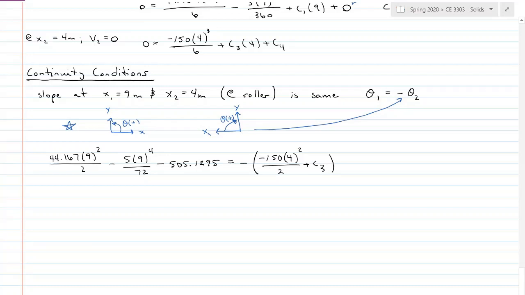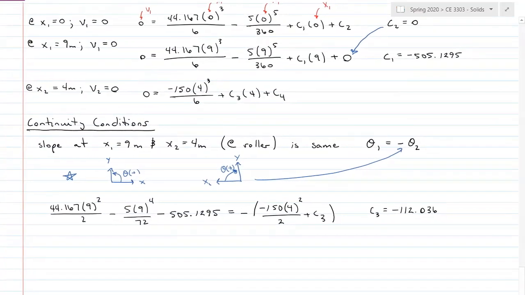Okay, so there's theta 1 at 9 meters and theta 2 at 4 meters. That's at the roller. And we will find that C3 is equal to negative 112.036. I'm leaving the units off because they get funky as we move on.